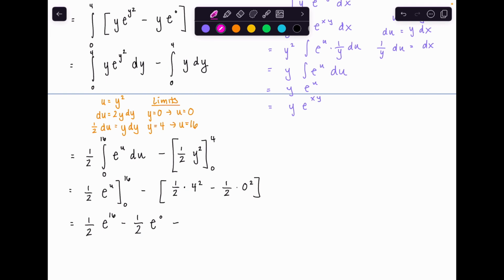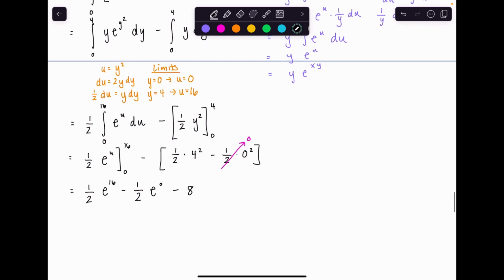And then at least here, this is gone. 4 squared is 16, so times 1/2 gives us a minus 8. If you left it like this, not a problem, but again, e to the 0 is 1, so you really have minus 1/2 minus 8.